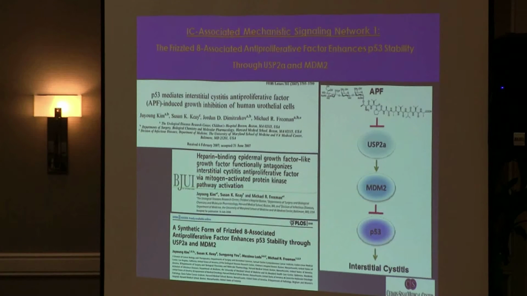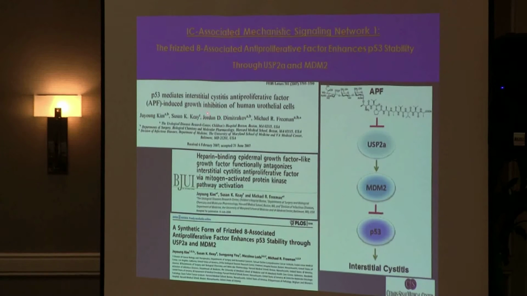It's a very mysterious peptide. It's an 8 amino acid peptide, a small fragment of Frizzled 8, which is the receptor for Wnt signaling. But it's not really related to the Wnt signaling pathways. So using this APF small peptide in an in vitro system, we wanted to look for the mechanisms.